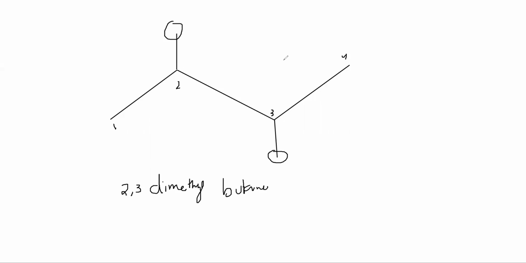Why? Because when I count from left to right, the first branch is coming at the second carbon. When I count from right to left, the first branch is coming at the second carbon.